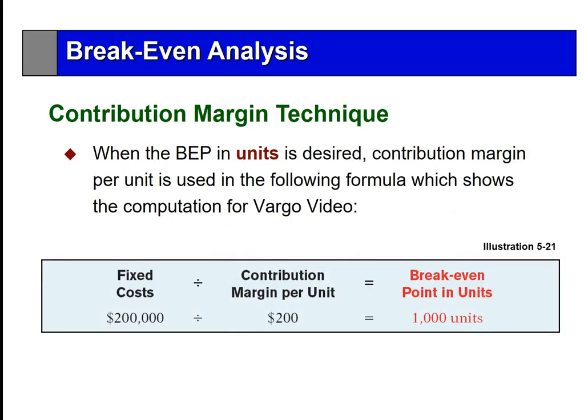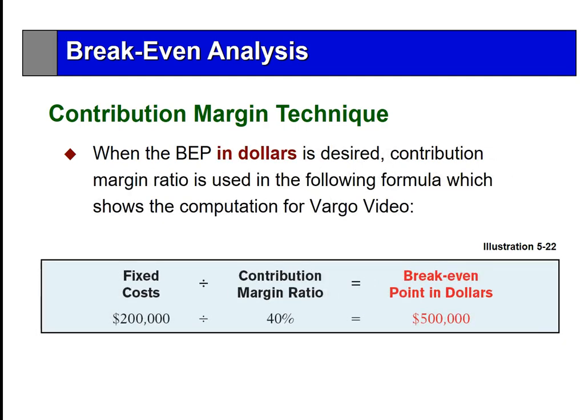If I'm going to use the contribution margin per unit, then my answer will be expressed in units. So the break-even is the fixed cost divided by the contribution margin per unit, and break-even in units is 100,000. Now, if I sold 100,000 at 5, my break-even in dollars, sales dollars, would be 500,000.